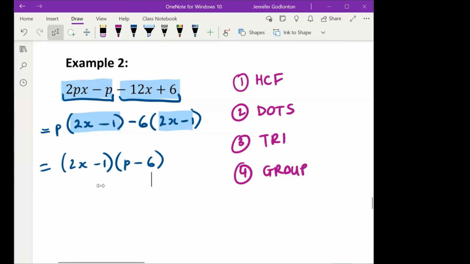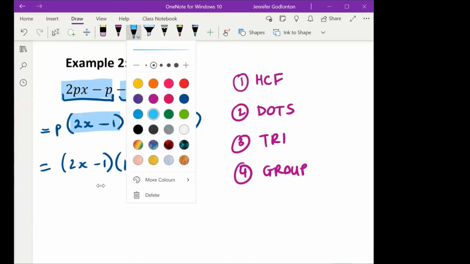Yes, just to jump in there, I just want to know, for those of you who got to the first step, where you start with your grouping and getting your 2 brackets, if any of you managed in the second bracket to get 2x plus 1? Because some of you might have done that. For instance, you took out 6 and not minus 6, so your bracket is 2x plus 1.